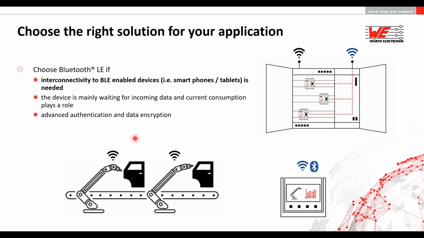On the other hand, if you need to be compatible or interconnectable with standard control devices, for example a smartphone or a PC or a tablet which is Bluetooth enabled, and where the application requires advanced authentication or data encryption, then the choice for you is a Bluetooth Low Energy enabled device. So as I said, there is no one-stop solution for all these things.